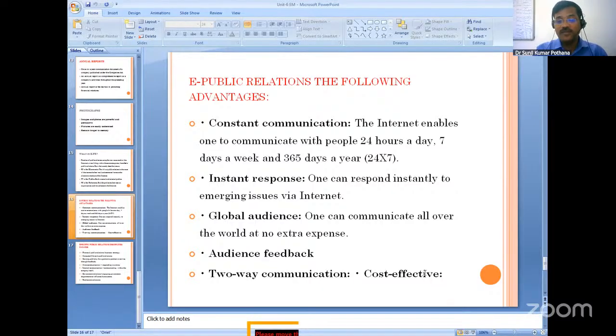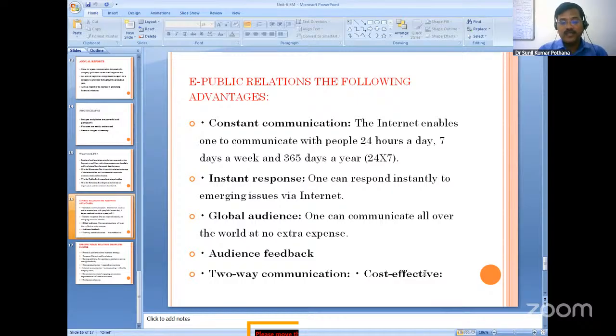Now we have chatbots for organizations. For example, for railways, IRCTC has a chatbot named Disha. It's like a robot. Instantly, it gives answers to the person. Many organizations are now adopting this kind of chatbot.